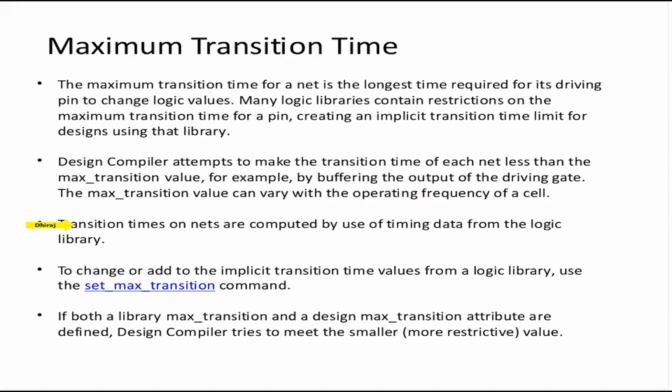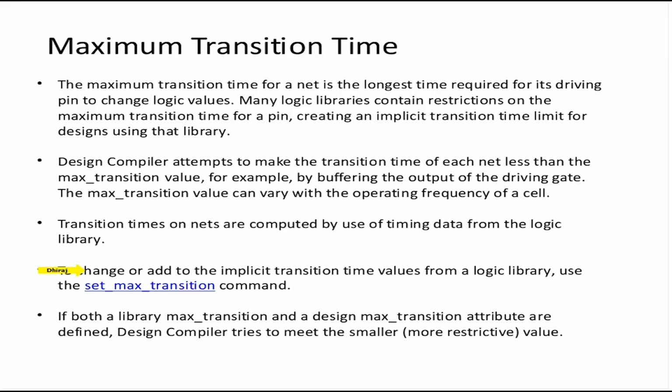Transition times are calculated from the non-linear delay model of the library. Please note, synthesis does not have accurate information of nets, and that is why it uses a wire load model, for example. In most cases you would not need to apply set max transition, because the max trans limits are implicitly coming from the library itself.